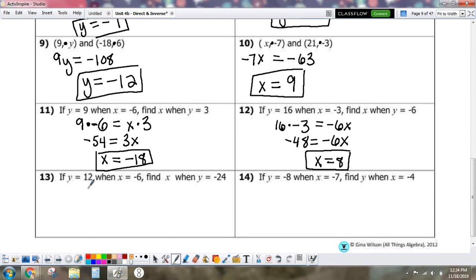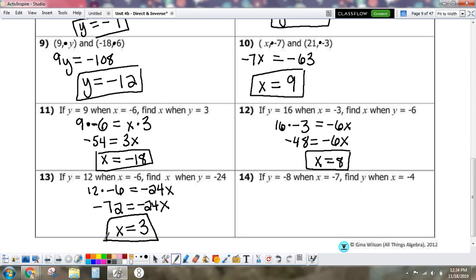Okay, so I'm doing 12 times negative 6 and negative 24 times x. 12 times negative 6 is negative 72. Negative 24x stays the same. Divide both sides by negative 24, and I get a positive 3 as my answer.